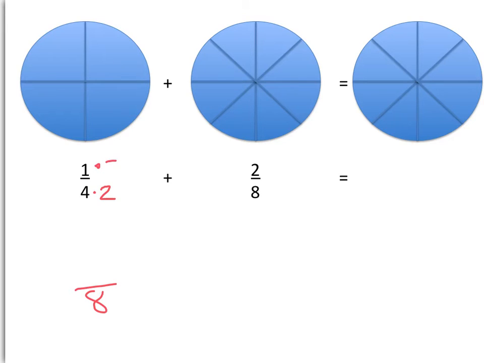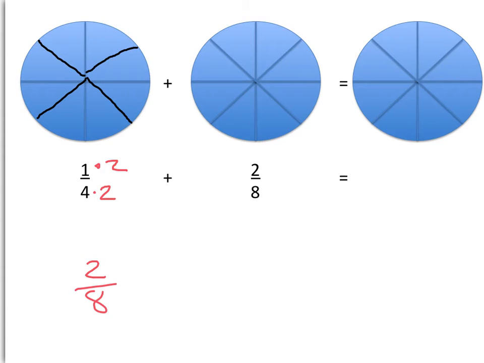Timesing 1 by 2, we get a numerator of 2. Looking at the picture, we see that timesing 2 doubles what we have, like splitting each piece of our fraction in half, giving us 8.